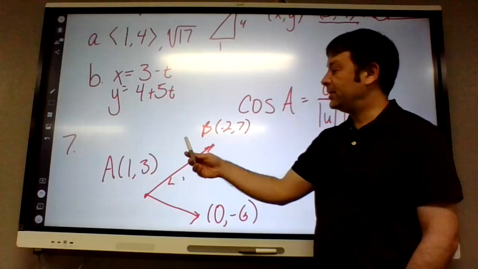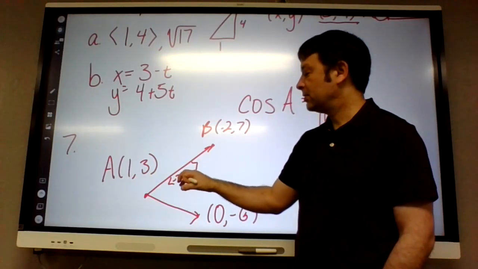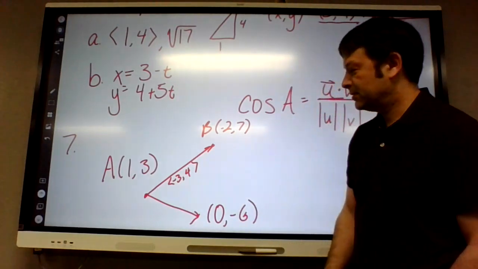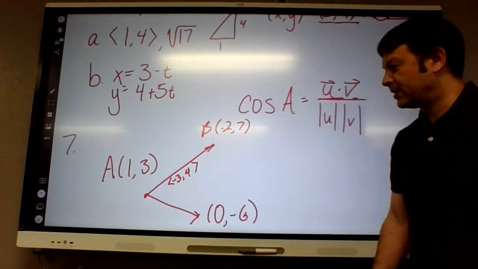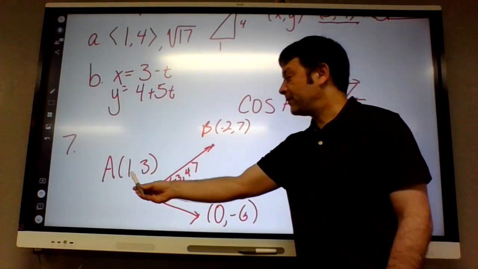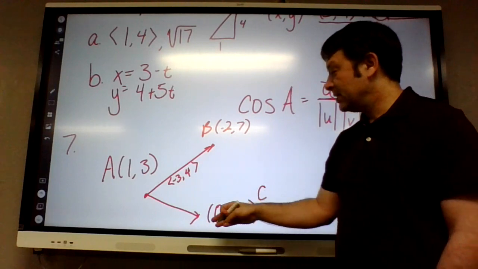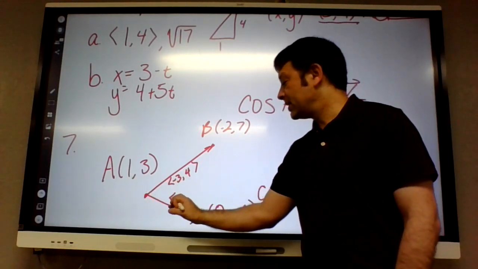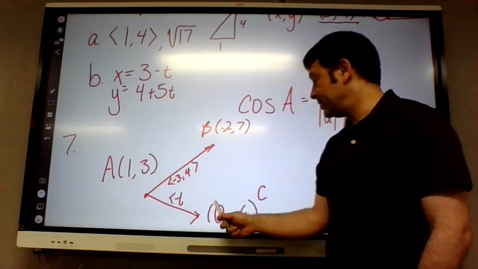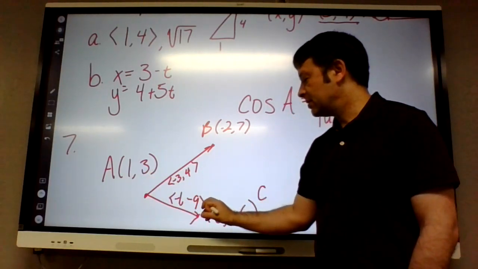Negative 3, positive 4. And then from A to C, I didn't label this one. We're going from 1 to 0, so that's negative 1, and from 3 to negative 6, negative 9.